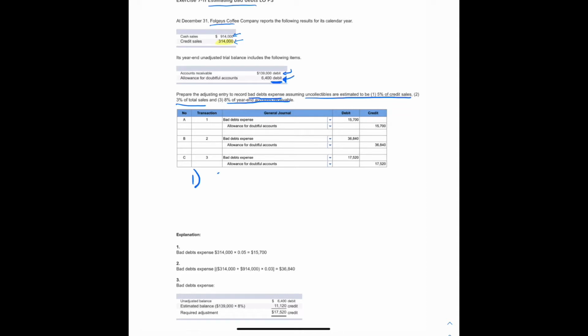So I will take my 5% estimated credit sales, multiply that by $314,000 of total credit sales, and I will come out to $15,700 for my adjustment.